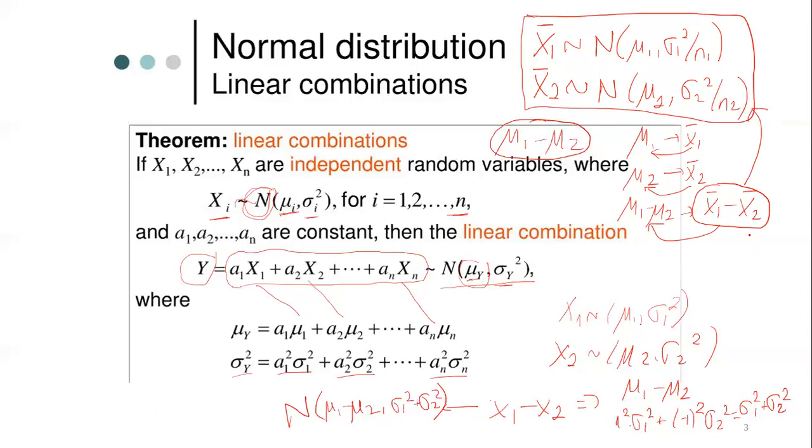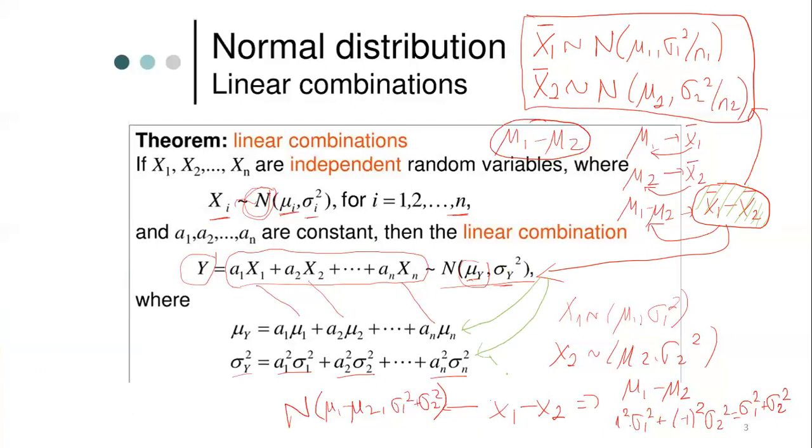And from this discussion, we know that this thing here, let me change it into green, is in fact a linear combination of normal random variables, hence this is normal as well. This is normal, but its mean equals this one, and its variance equals this.